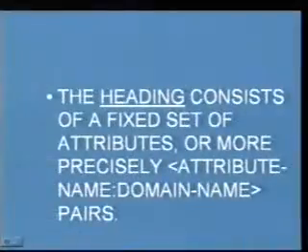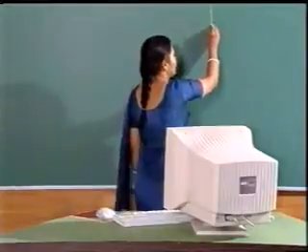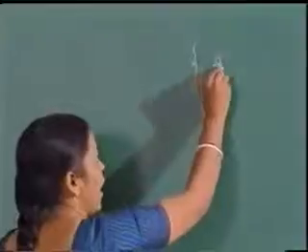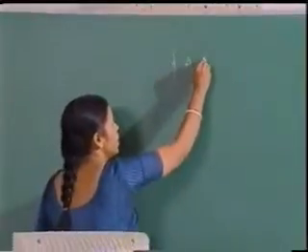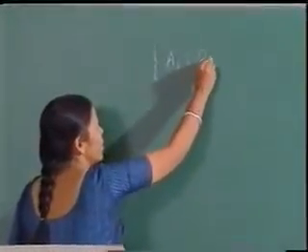Now we will have the concept of relation. A relation R consists of a heading and a body. A heading consists of a fixed set of attributes, or more precisely we can say the attribute name and domain name pairs. That means we can describe it like this: A1 is the first attribute and it has the domain D1.